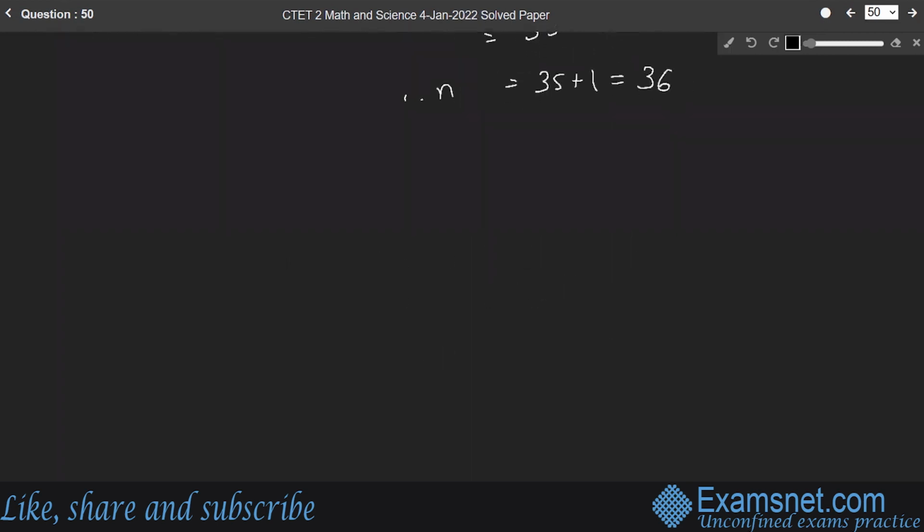Therefore, total number of possible outcomes n is equal to 36.